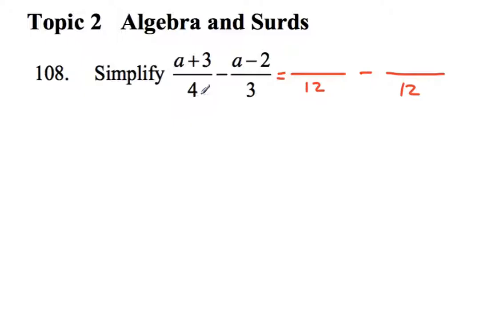If we've multiplied that bottom by 3 to get it into 12, we'd better multiply the top by 3. Now when we do, we'd better do it carefully with brackets there. So I actually got 3 outside of a bracket of a plus 3. If we multiplied the bottom here by 4, we'd better multiply the top by 4, and we'd better do it carefully.